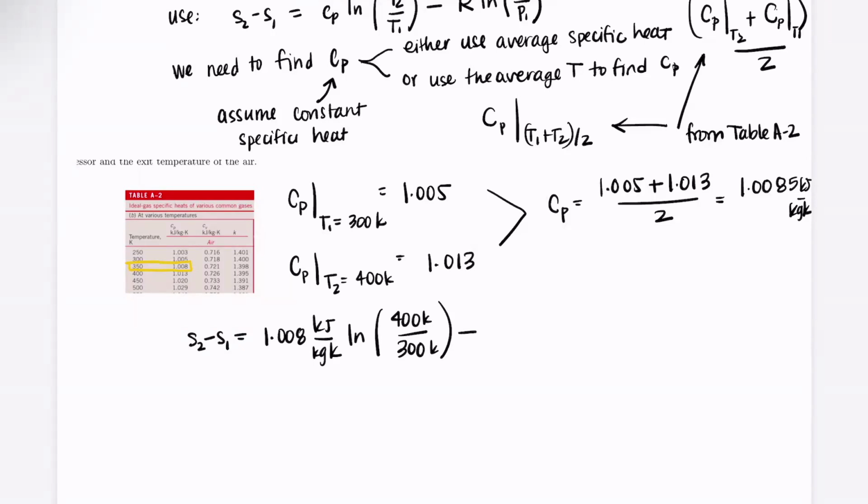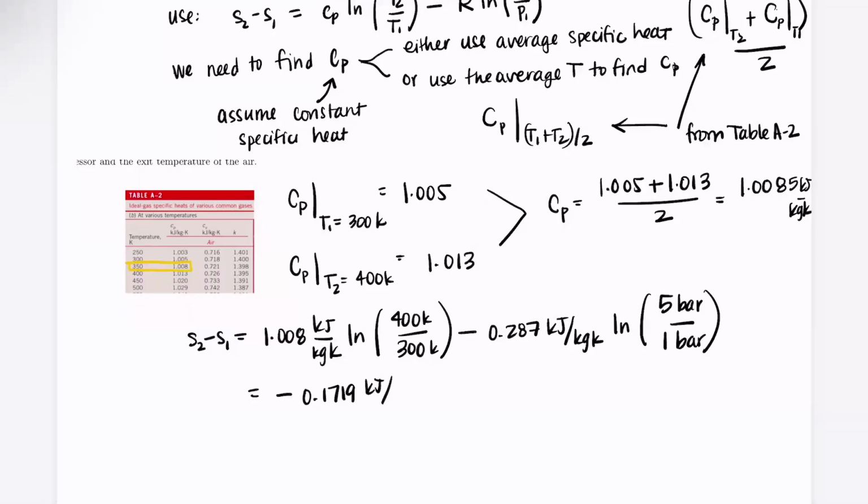Minus R, which is our ideal gas constant, 0.287 kilojoules per kilogram K, times the natural log of our pressure ratio, which is 5 bar to 1 bar. Since we're doing a ratio of pressures, the units don't matter as long as the numerator and denominator are the same. And we get minus 0.1719 kilojoules per kilogram K.